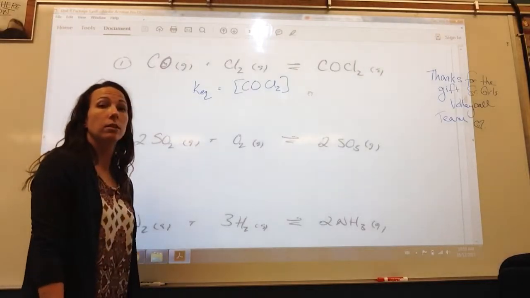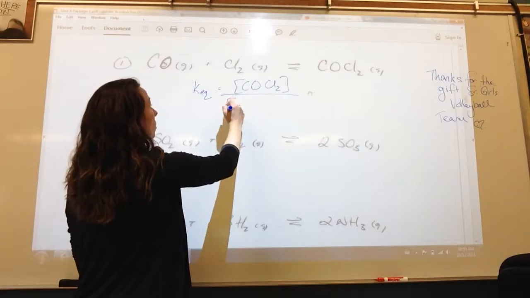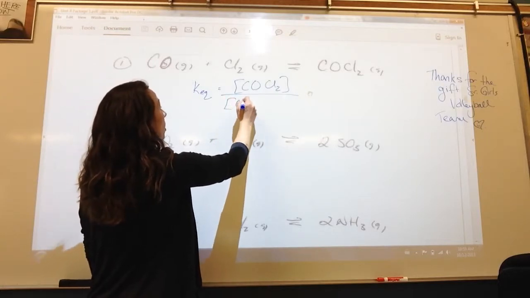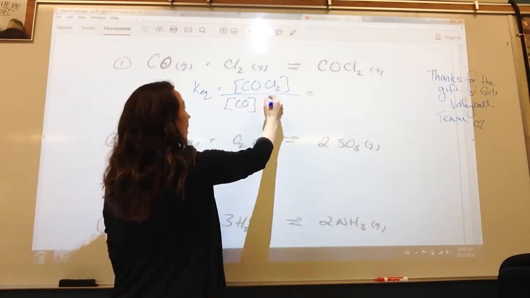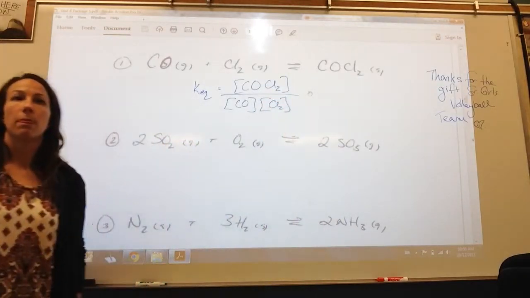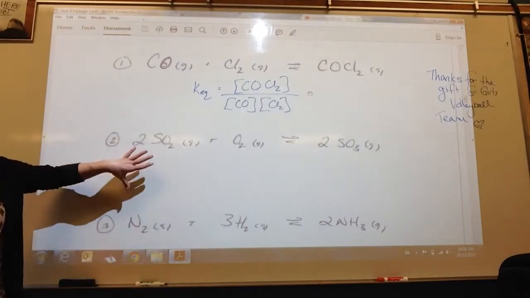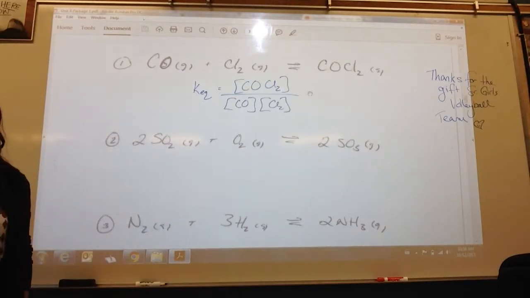Divided by square brackets, CO, carbon monoxide, and Cl2. So if there was a coefficient on that, we just use it as the power. That's right. We'll do that for here.